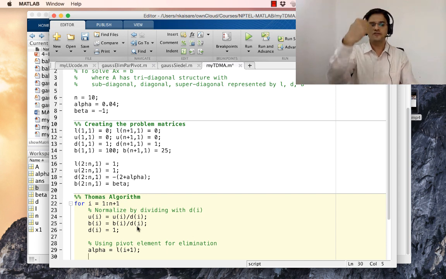Okay, so if we want to make 0 in the i plus 1th row, ith column, then we need to just multiply row i with Li plus 1 and subtract it from row i plus 1. And that is essentially what we are going to do. Your alpha is just going to be Li plus 1 divided by di, but di is already 1, so you don't need to make that division.